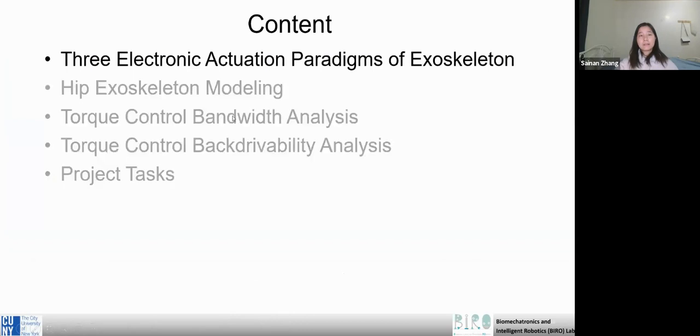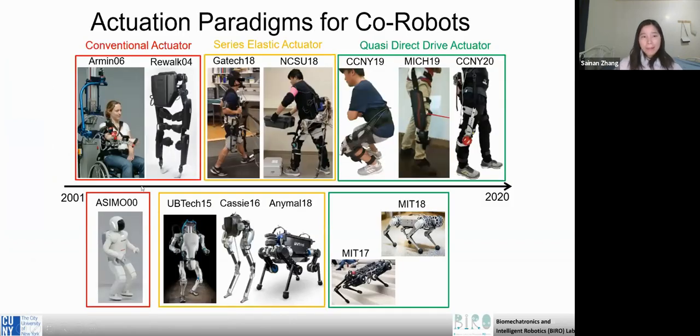Now we begin the first part, 3 electronic actuation paradigms of exoskeleton. We have 3 actuator paradigms: the conventional actuator, series elastic actuator, and Quasi-Direct drive actuator.